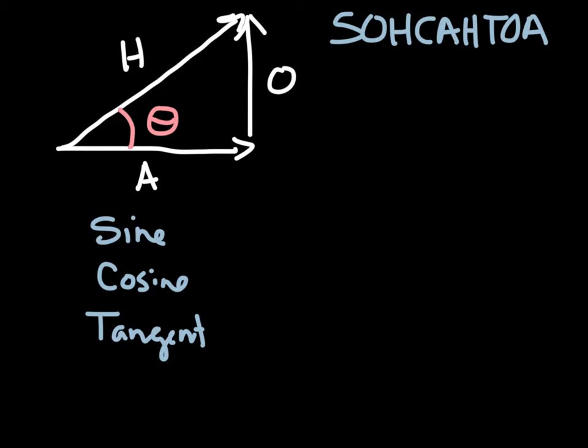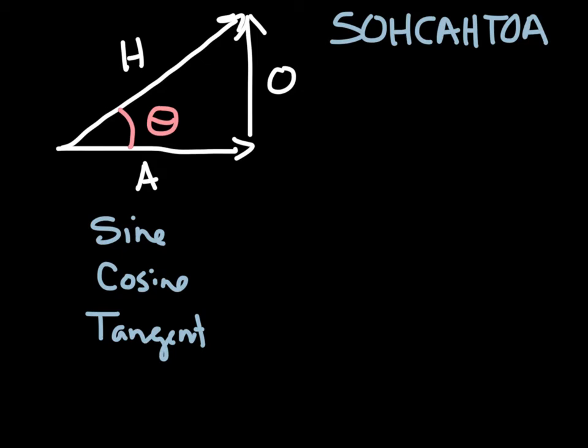I'll explain in a second. But it's just to remember that the O and the H go with the S, meaning sine somehow belongs to the opposite and hypotenuse, cosine with the adjacent and hypotenuse, and tangent the opposite and adjacent. So this is what it's talking about.